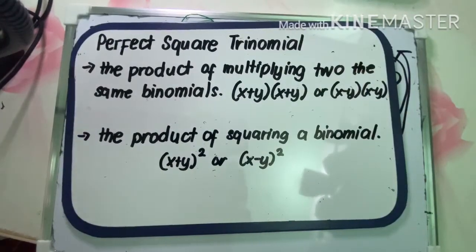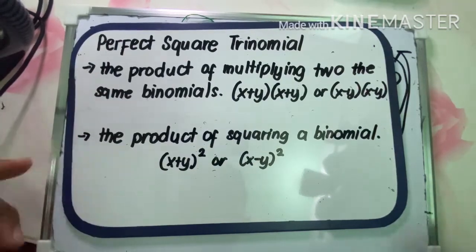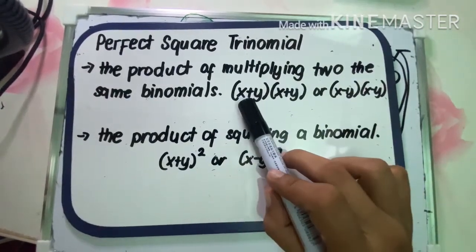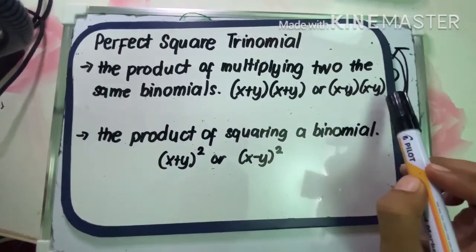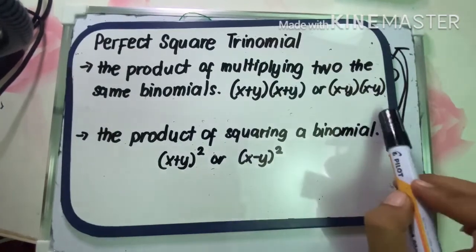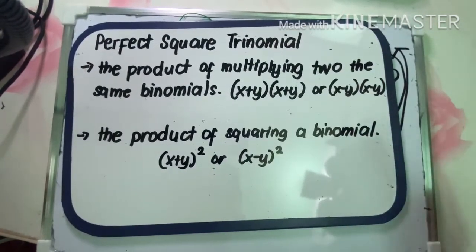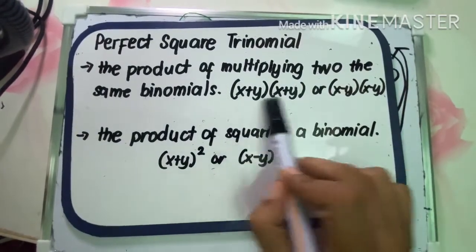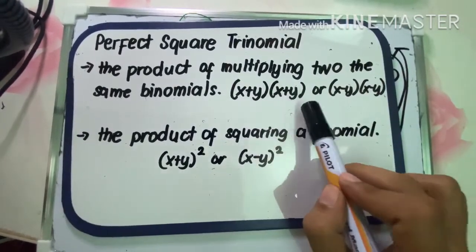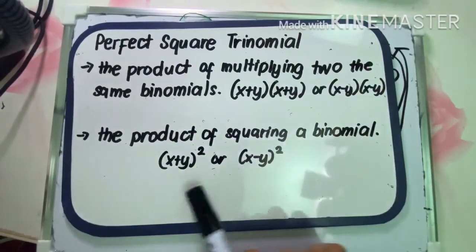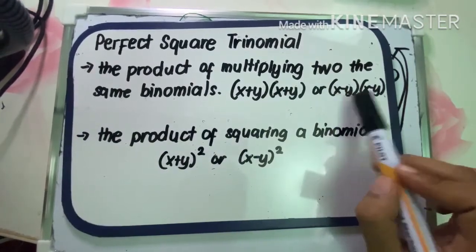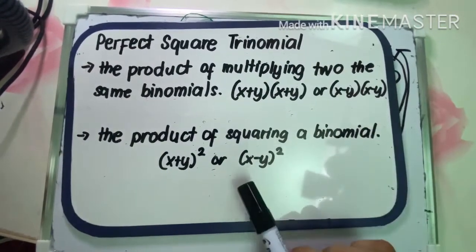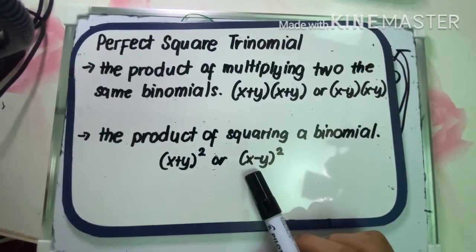A perfect square trinomial is the product of multiplying two of the same binomials, like the quantity of x plus y times the quantity of x plus y, or the quantity of x minus y times the quantity of x minus y, as the examples. Or it could be the product of squaring a binomial. So x plus y times x plus y can be written as the quantity of x plus y raised to 2, and x minus y times x minus y can be written as the quantity of x minus y raised to 2.